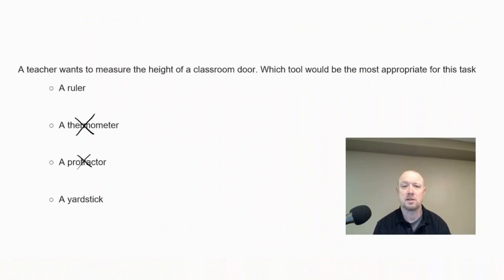We want to teach the students to look at what we're trying to measure, a classroom door. Rulers are usually 1 foot, so a ruler would be too small a measurement tool to measure the height of a classroom door, so I'm going to eliminate that. The best possible choice for measuring the height of a classroom door would be a yardstick.